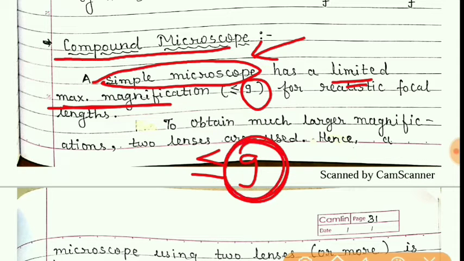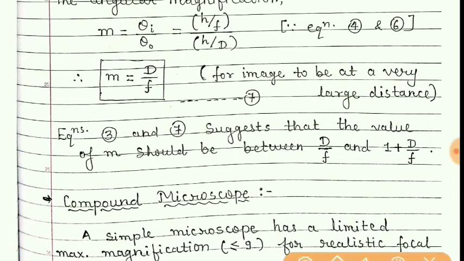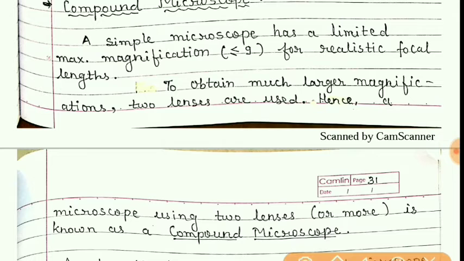Magnification greater than 9 cannot be obtained practically with a simple microscope, because to obtain magnification even greater than 9, this focal length has to be reduced, but we cannot reduce this focal length beyond a certain limit, and so magnification greater than 9 cannot be obtained.